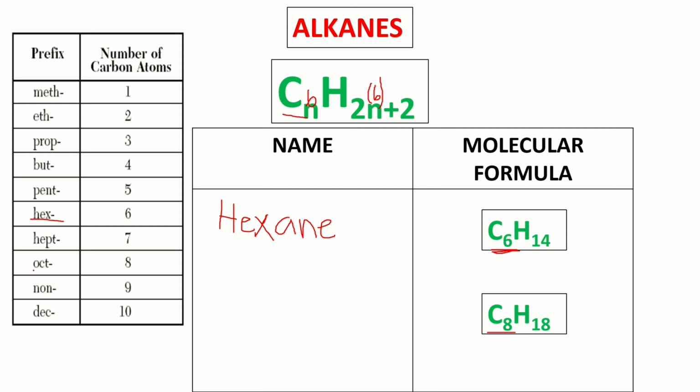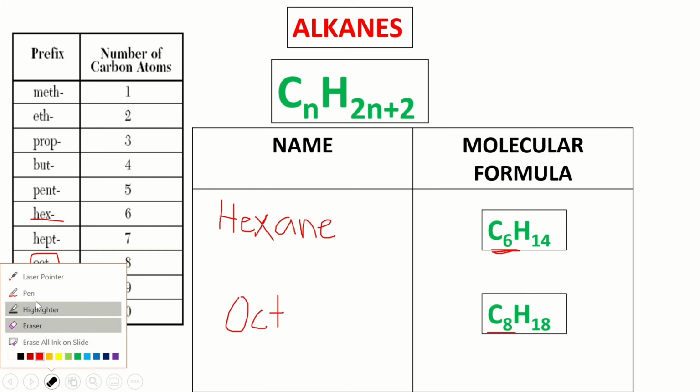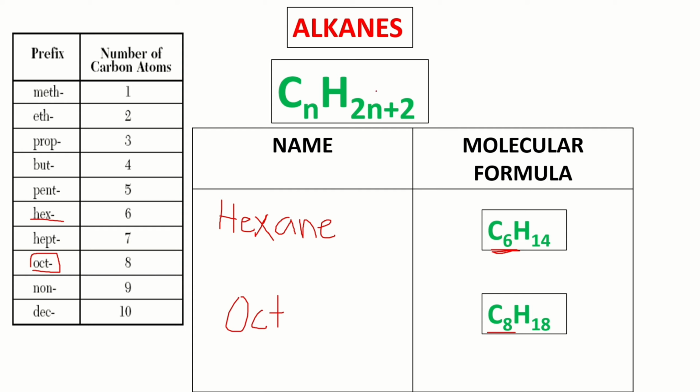Another example, C8H18. Check the number of carbon atoms. We got 8. We will use oct. Next, we have to check if it is an alkane or not. We will substitute 8. The number of hydrogen atoms should be the same.